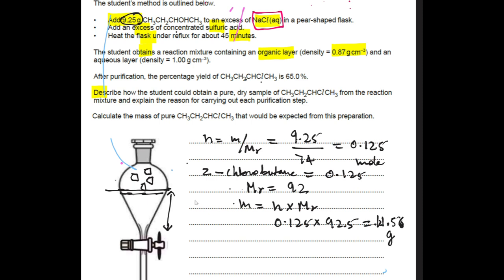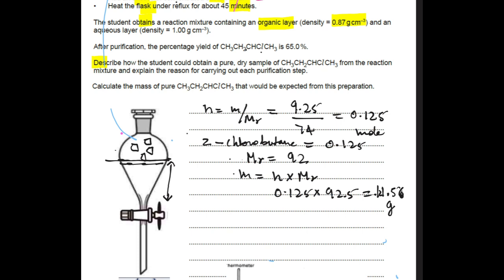Once you get this, you apply your 65% yield, and this will give you the actual mass: 11.56 times 0.65, the percentage yield, and that will be equal to 7.51 gram. And to two significant figures, you can just say 7.5 grams.